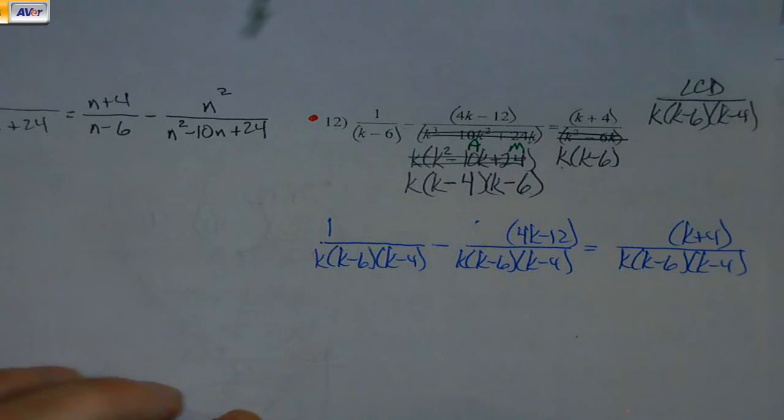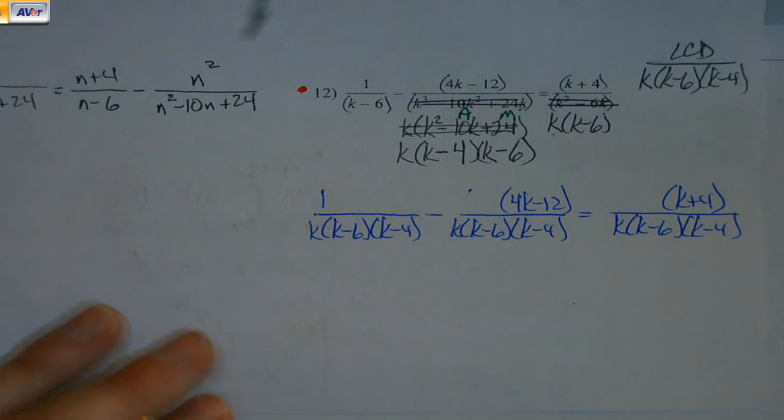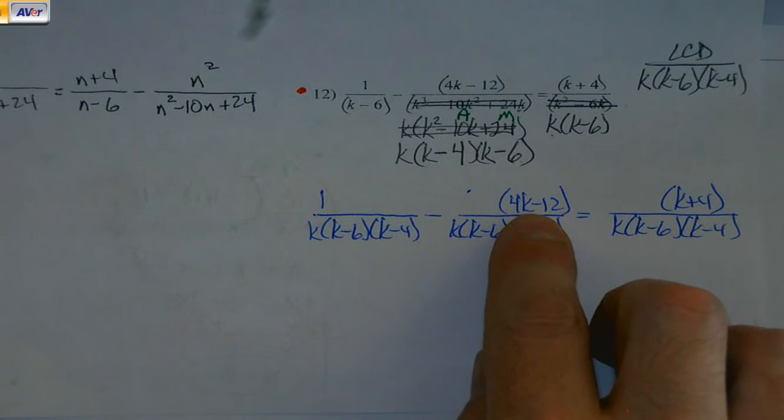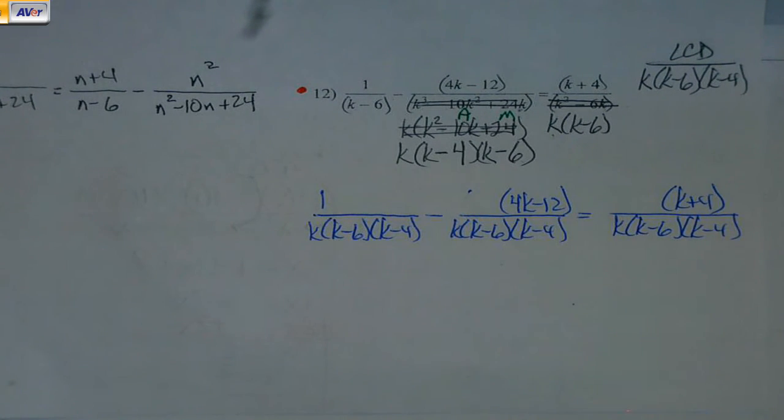Okay, now again, no canceling until the end. Some of you may be pondering right now, hey, I could factor what's up there in the numerator. Should I do that right away? Good thought process, but no, because it might mess with our simplifying in a minute. We might just have to undo it. So we're going to leave the numerators alone.